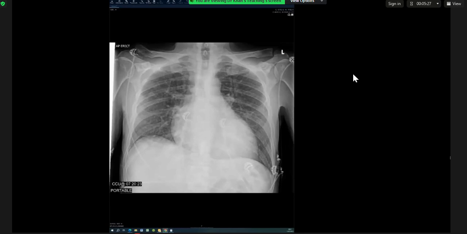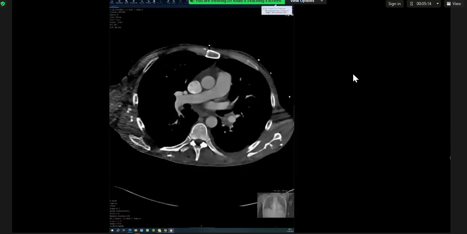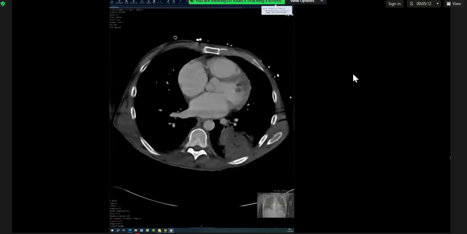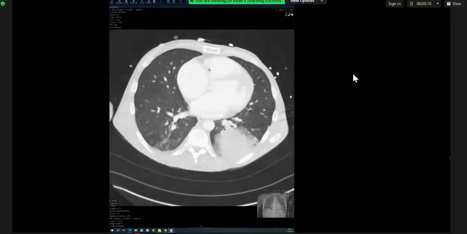Okay, so the patient doesn't have any other abnormality on the X-ray, but they are a known heart failure patient, and they are now septic, with rigors. So I'll show you the CT.